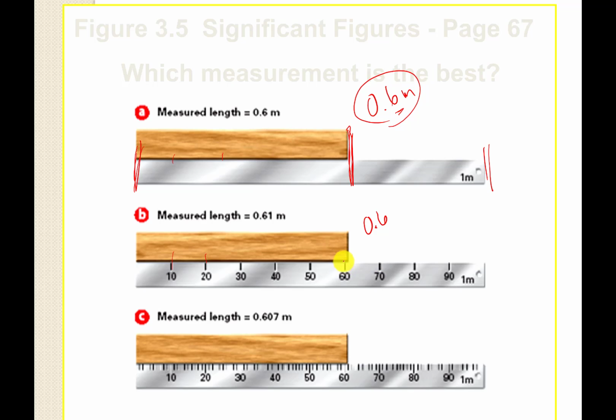If we had little tiny tick marks, we could know for sure which number should go in the hundredths place, but we don't have tick marks. So now we have to estimate the hundredths place.